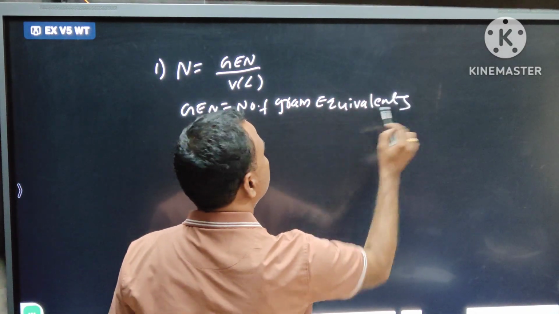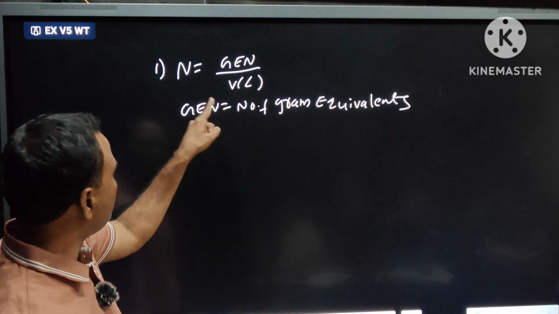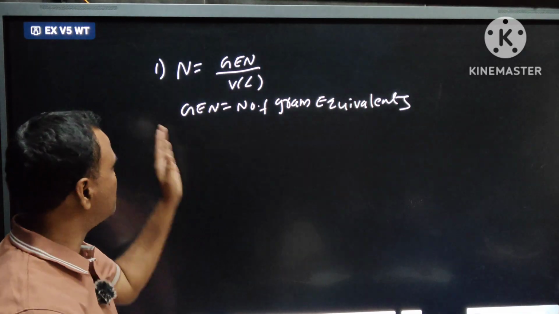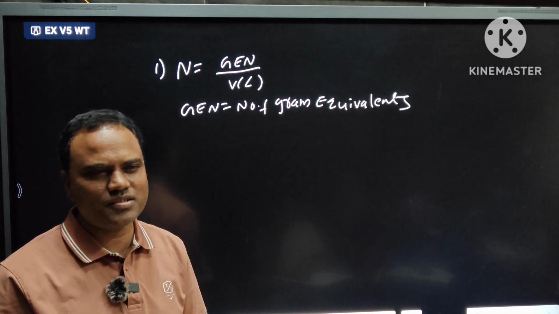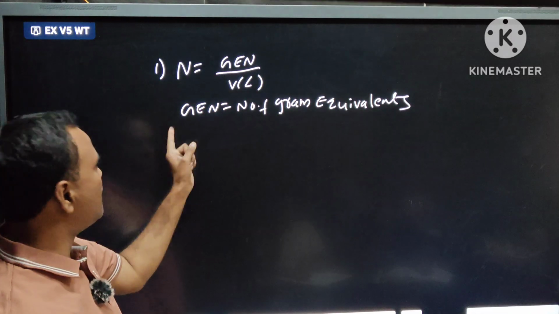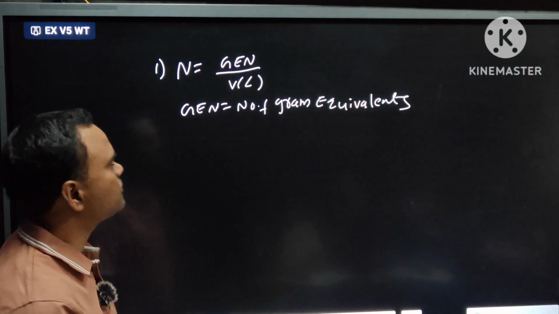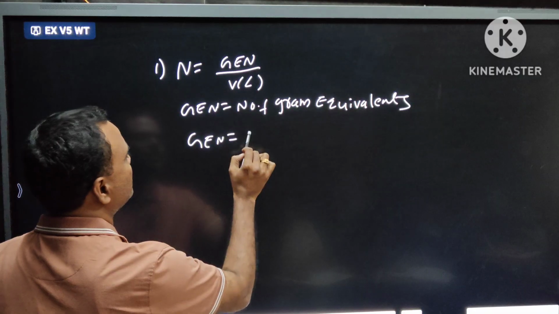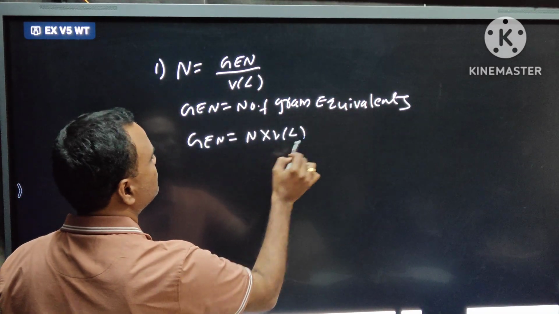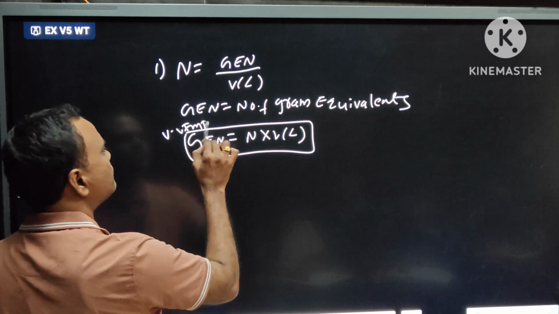Don't read it as gram equivalent number, that is not correct. Number of gram equivalents, GEN, like number of moles. One important formula: GEN is equal to N into V. Very, very important.